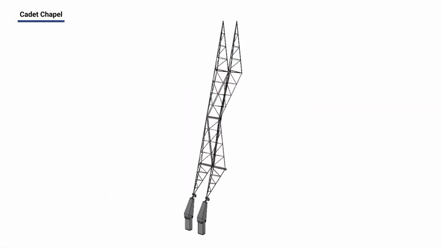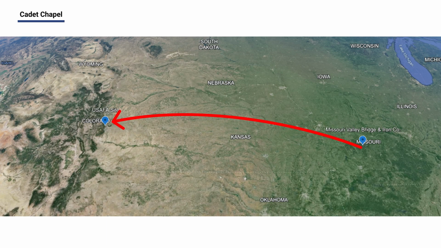Next, let's explore how the tetrahedral shaped steel frame of the Cadet Chapel was constructed. The steel frame consists of repeated arrangements of 3 modules: the lower section, upper section, and connecting parts. Each steel frame was pre-manufactured by a steel company in Missouri, located in the eastern part of Colorado, in specialized facilities known for producing high-grade steel.